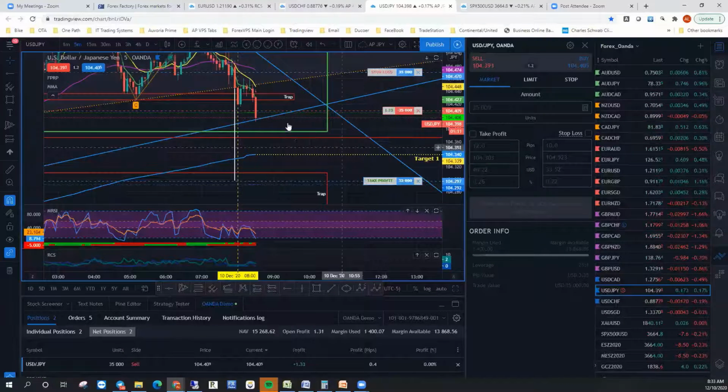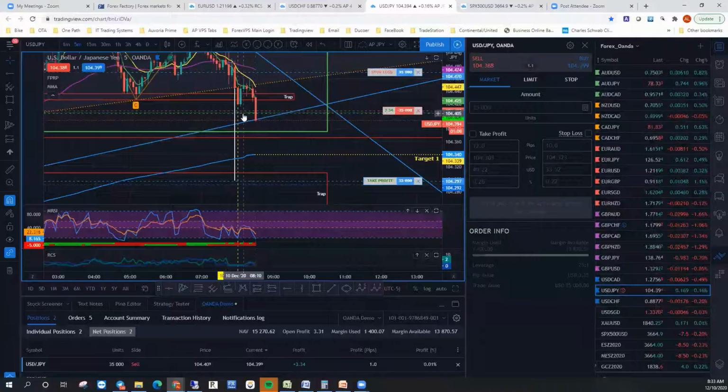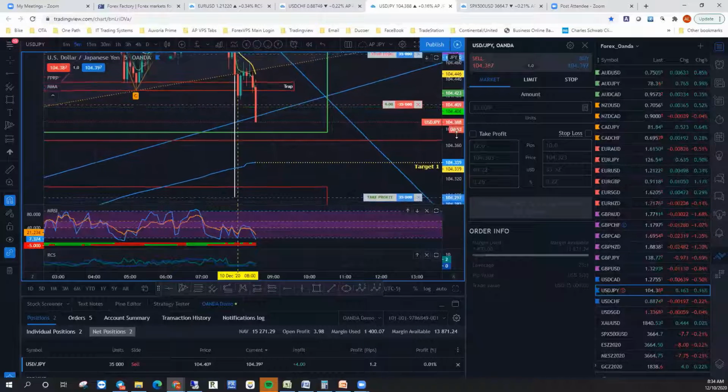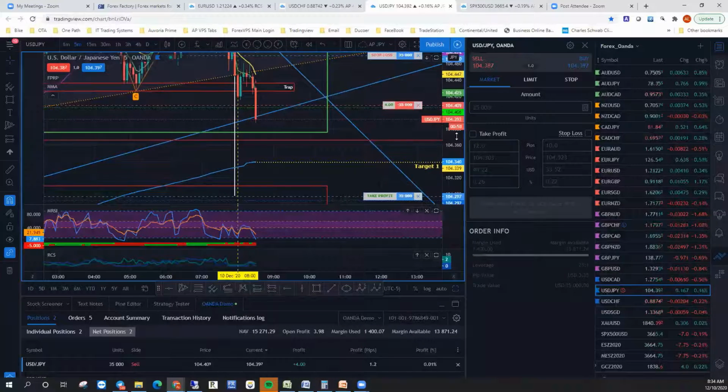Okay, so now we did get a cross of the green fib line. We are getting a challenge of the higher time frame trend line. We're only having a 2-point spread strength on the Japanese yen here.